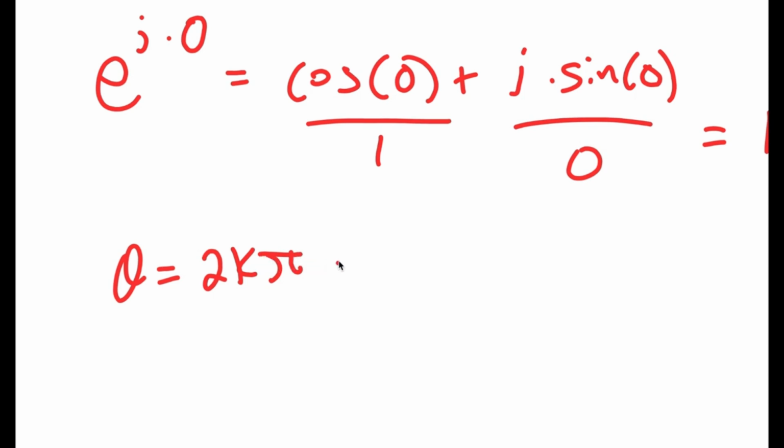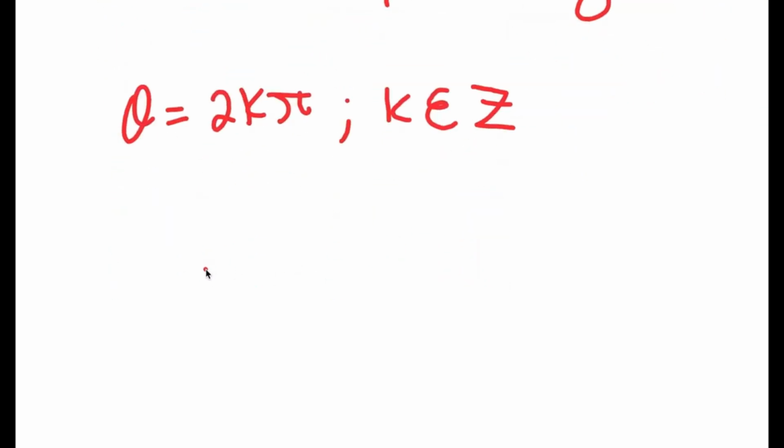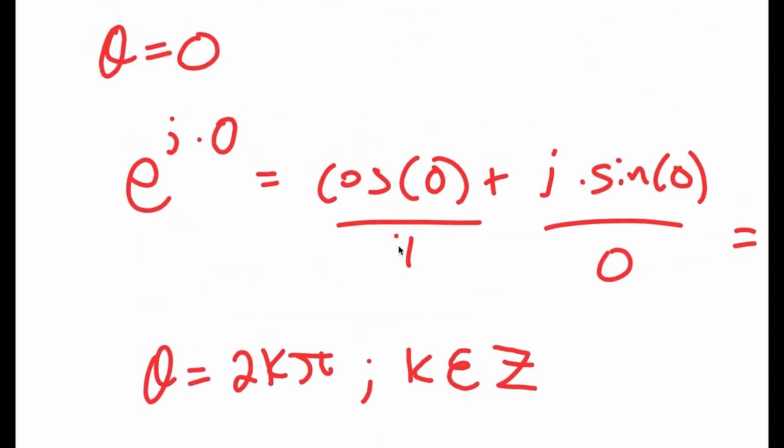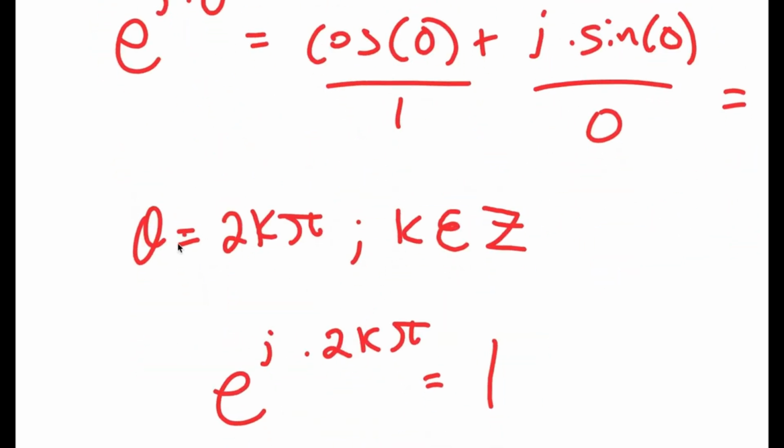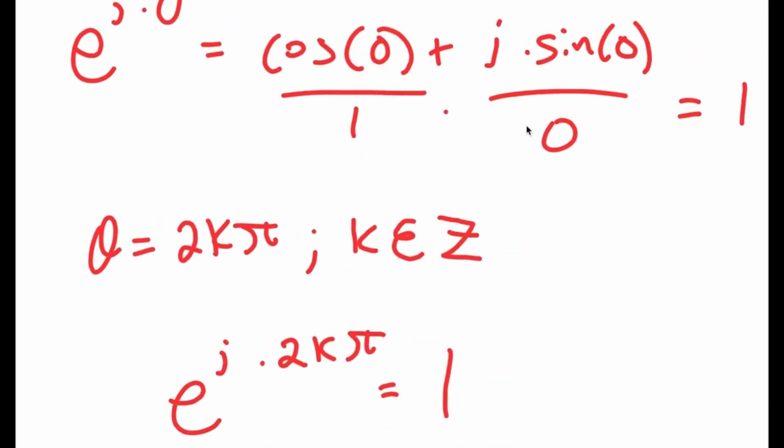And k is just a substitution for all integers. So now I get e to the power of i times 2k pi is equal to 1. Because all we did was we just substituted theta in for 2k pi into this same thing.